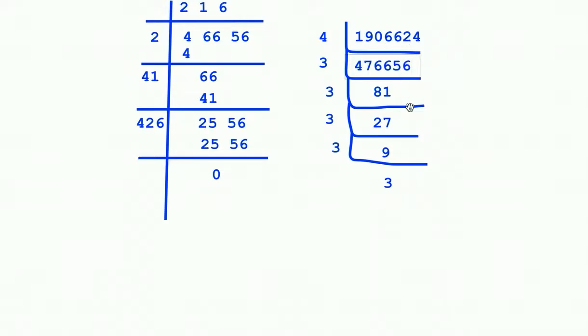Fine. Okay. When the last two digits go by 4, it will go by 4. This also, last two digits will go by 4, right? So we'll try with 4 only.